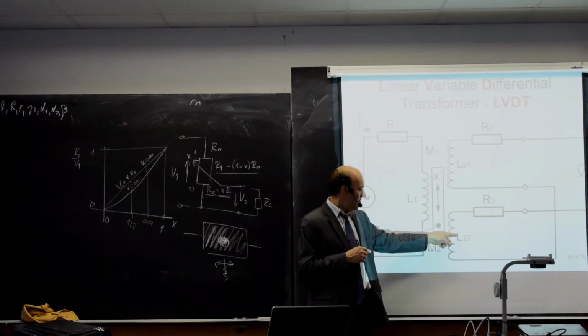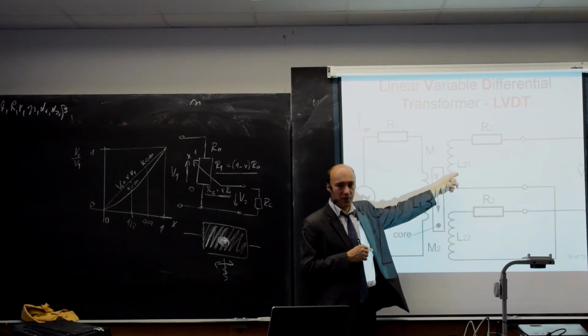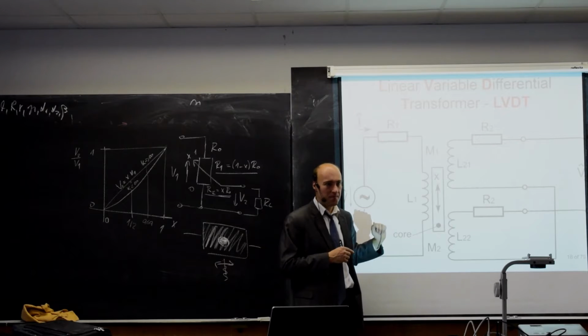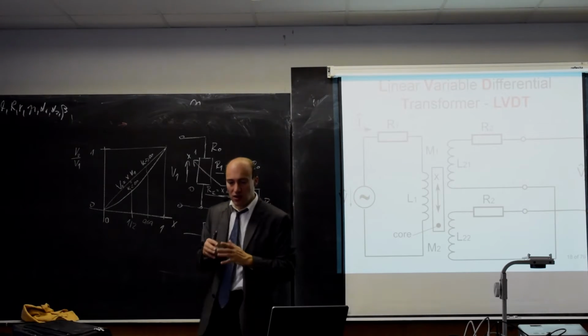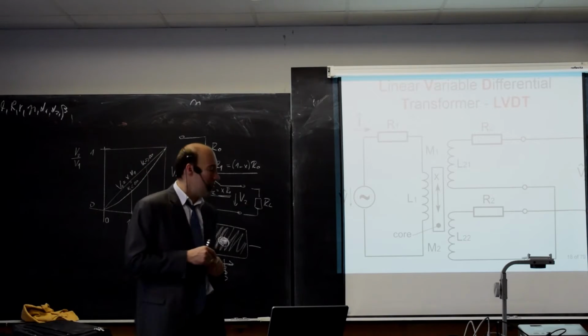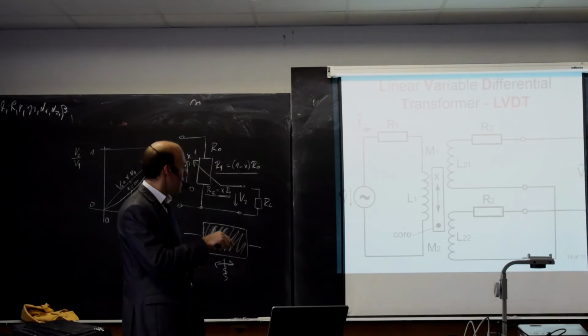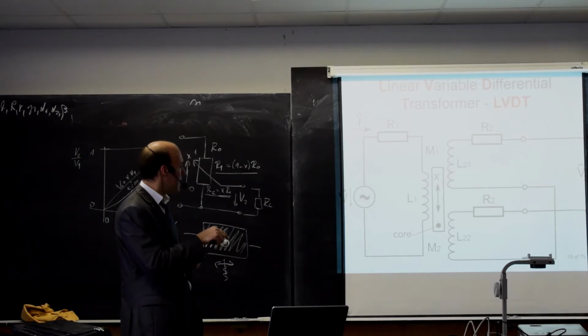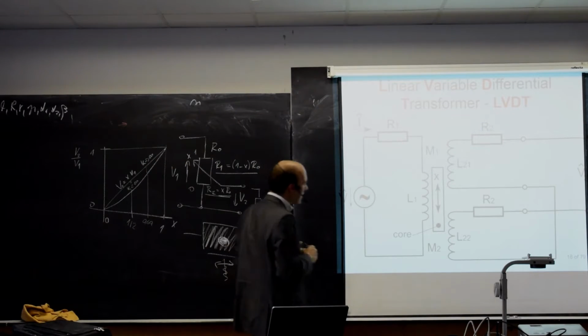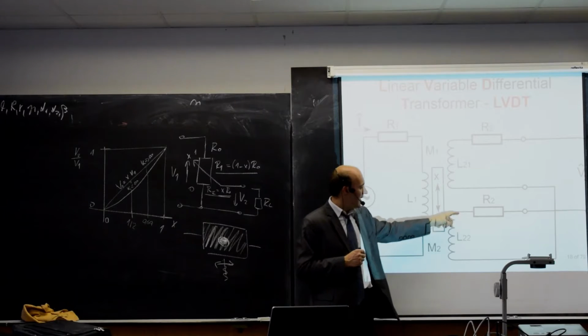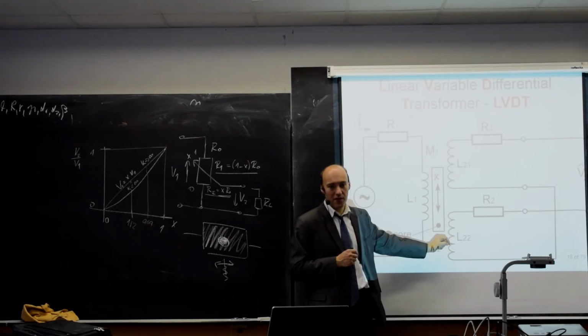I could directly measure the output voltages from this winding and from this winding. This is done internally in the electronic circuit, but I could also connect them in this way. You see that now the two windings are connected in series, and they are connected in such a way that they have different polarity.